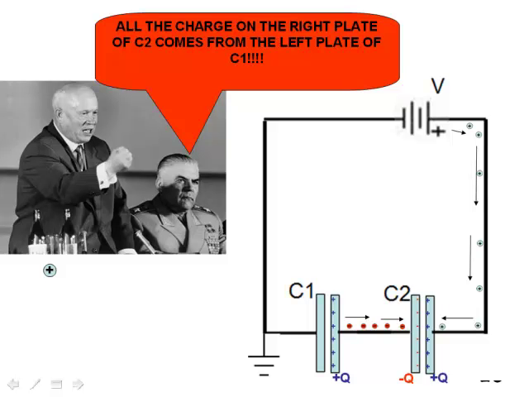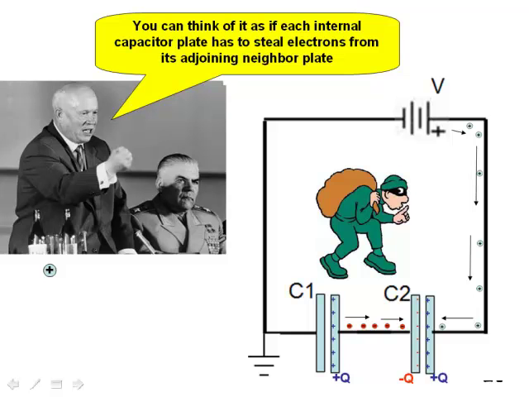A way to remember this is that when these internal plates are connected together on capacitors that are in series, the charge that this plate acquired, it had to steal from the other plate. So it had to pull electrons away from the plate that it was attached to in order to give it negative Q here.